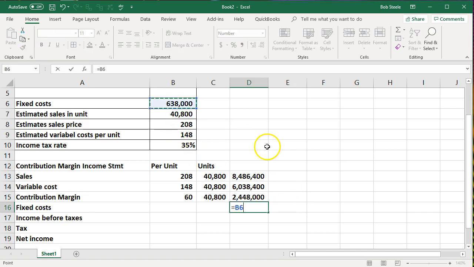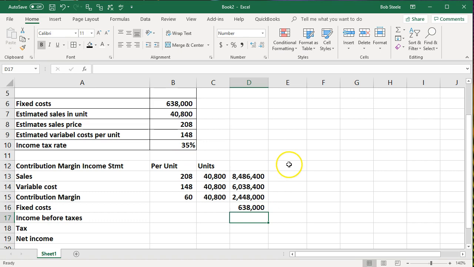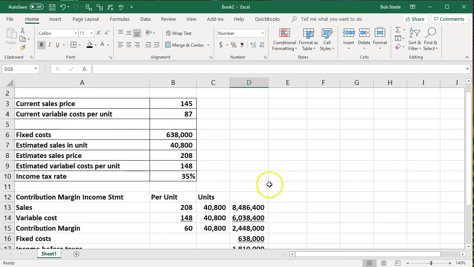Here's the fixed costs. And then the income before taxes will be, let's put some underlines here so we can underline these two items, and we can underline this item. So the income before taxes is going to be this number, our contribution margin minus the fixed costs. We're going to say our tax rate is 35%.